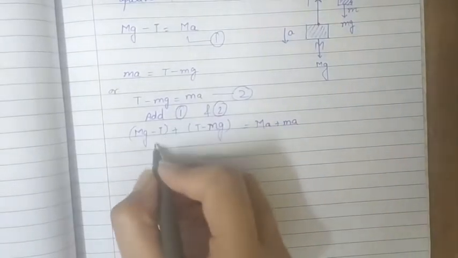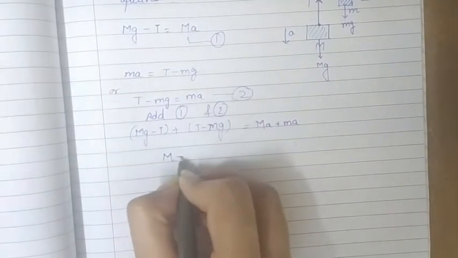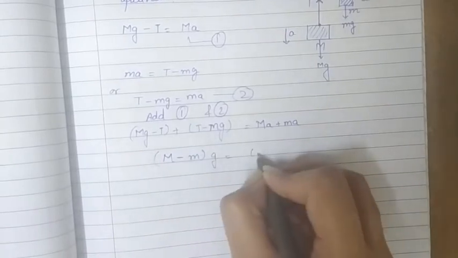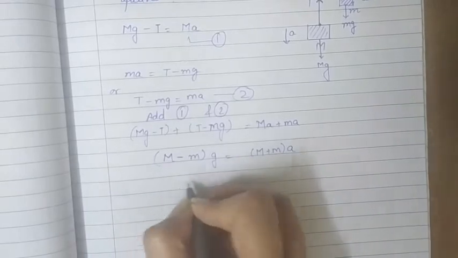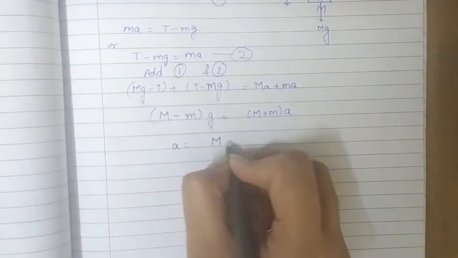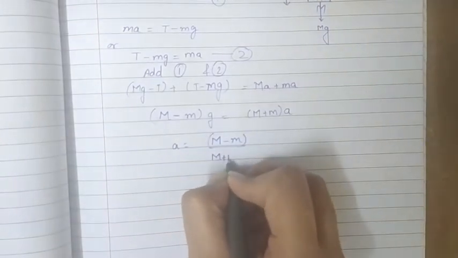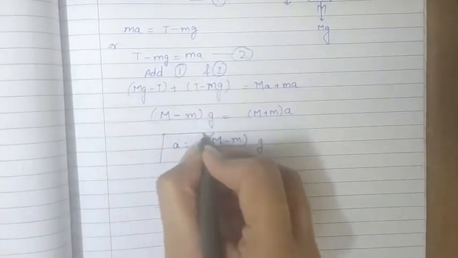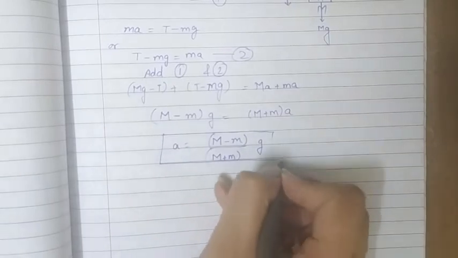If you solve this, T and T will cancel out and we get capital M minus small m with g common, equal to M plus m with a common. Our target was to find acceleration, and we get acceleration is equal to (M minus m) upon (M plus m) into g. This is the value for acceleration with which the particles are moving downwards and upwards.